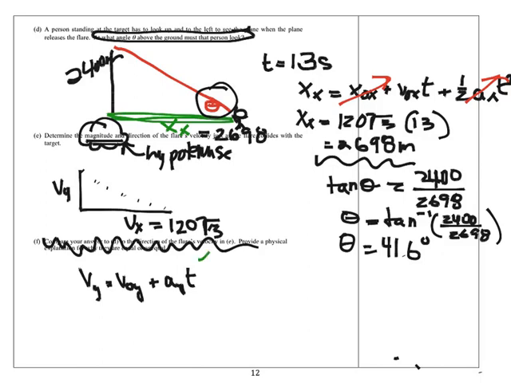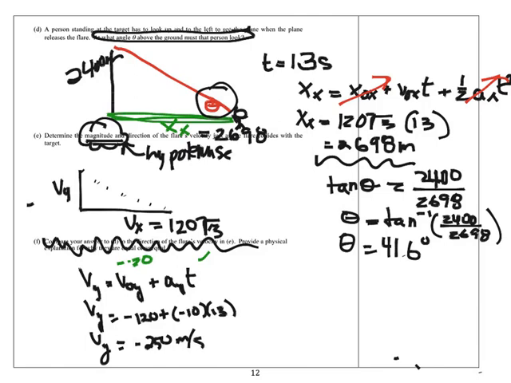We know Voy is minus 120. And so we can plug that in to find Vy. Vy equals minus 120 plus negative 10 times 13. And we can see that Vy is really minus 250 meters per second.